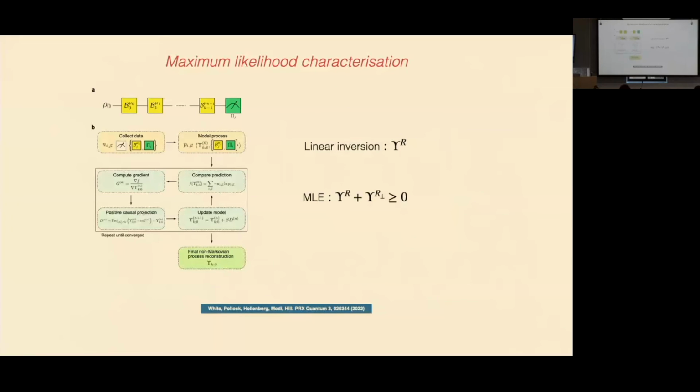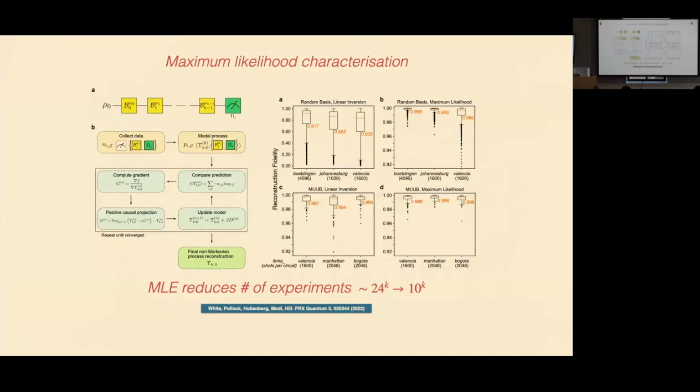So the next idea was to develop a maximum likelihood characterization, and the results get better, and the 24 to the power k becomes 10 to the power k, so slightly better. So we're getting there. Here are some results. Again, they're mostly shot noise limited.